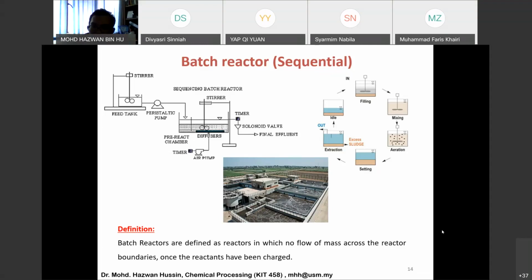Similar thing in industry, if they do a batch reactor, for example this one, the picture I've shown to you here is how they treat sludge water, water from your septic tank or whatsoever, sewage water.